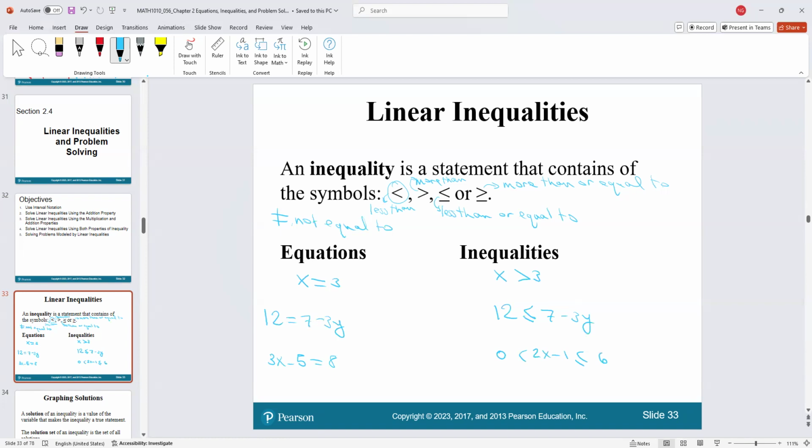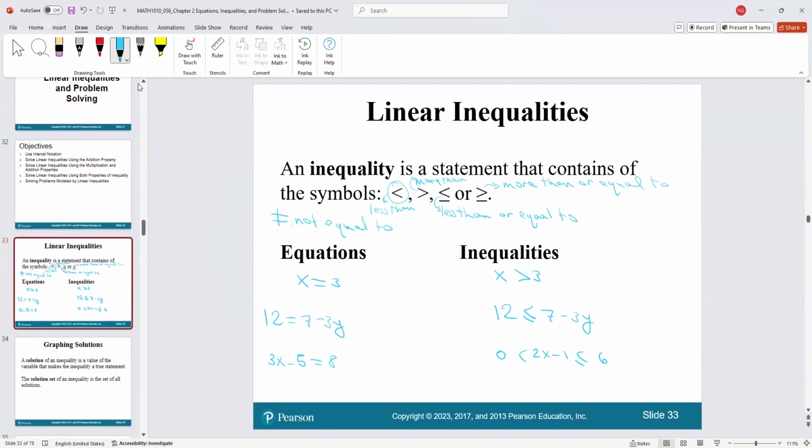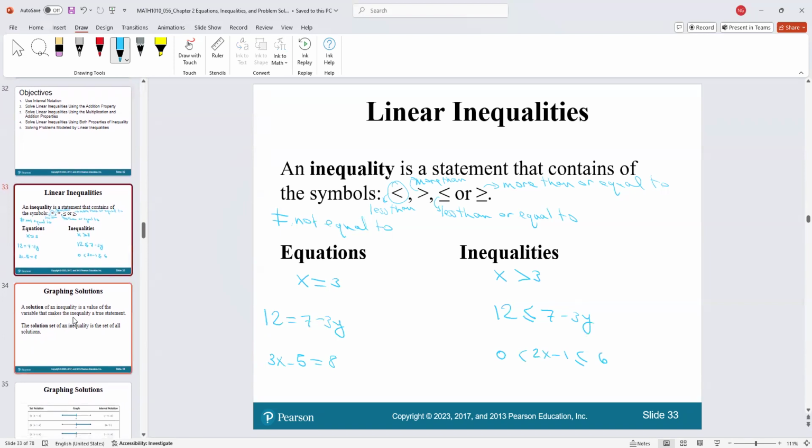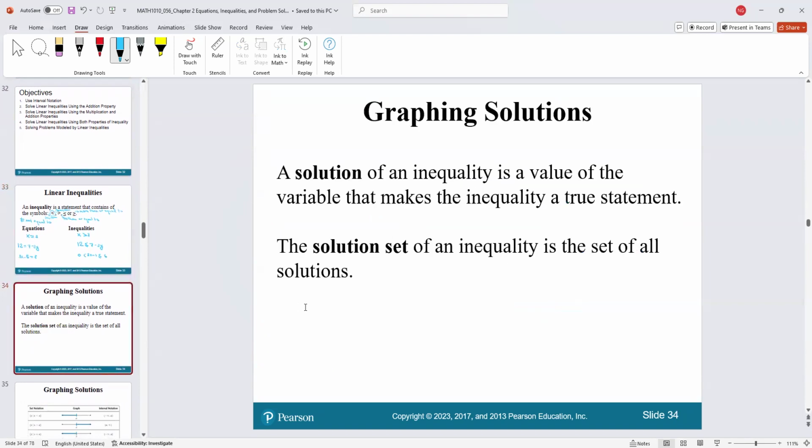Now, let's see how to use some interval notations to express it. A solution of an inequality is a value of the variable that makes the inequality a true statement. The solution set of an inequality is the set of all such values. Now, it all depends on what we want to do.